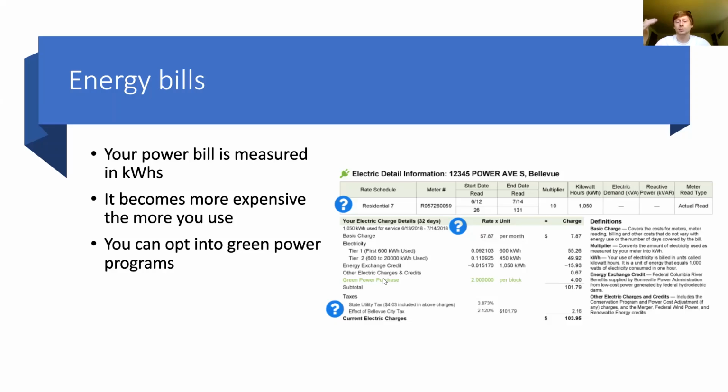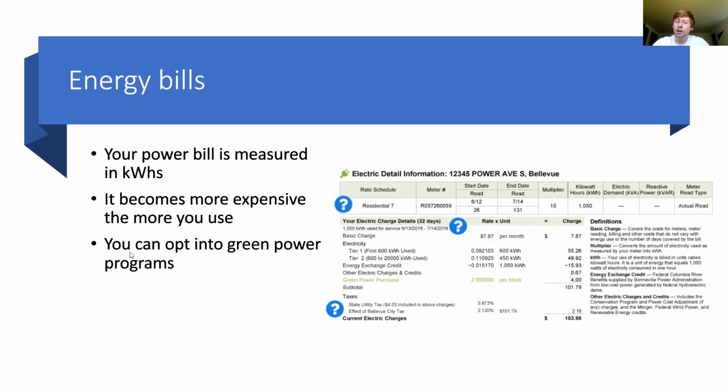But once you go above that 600 kilowatt hours, each additional kilowatt hour costs 11 cents. So, this is one reason why we want to do energy assessments. It's to help lower energy use and help us pay less.